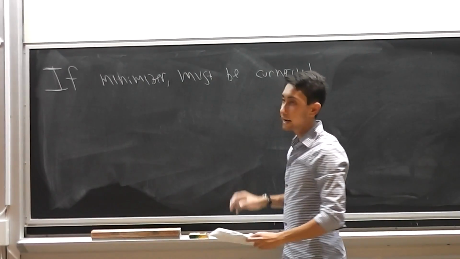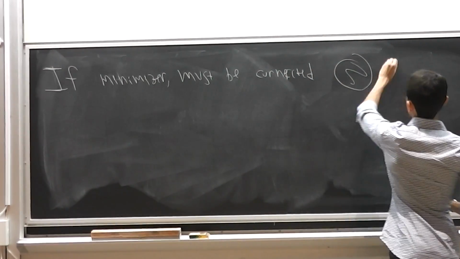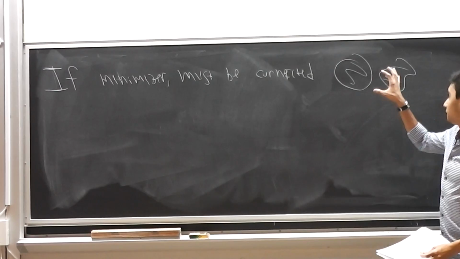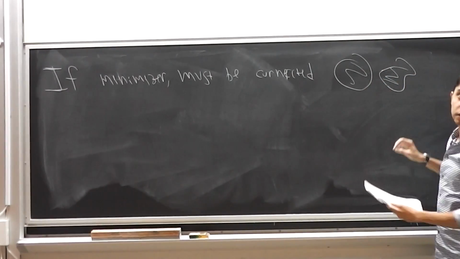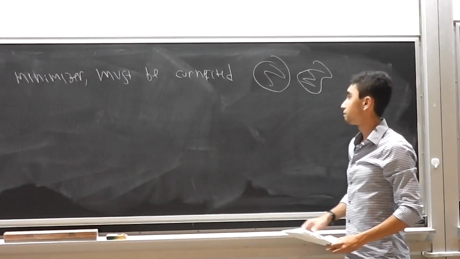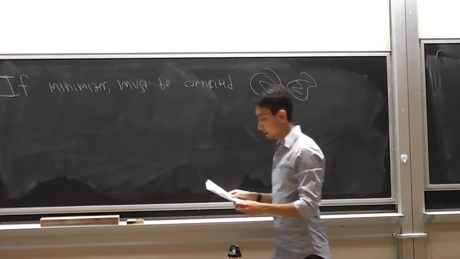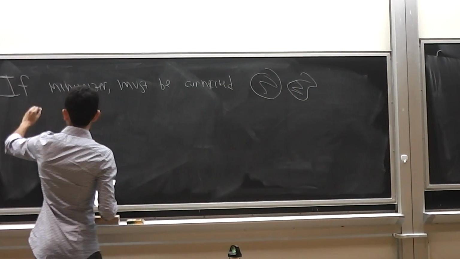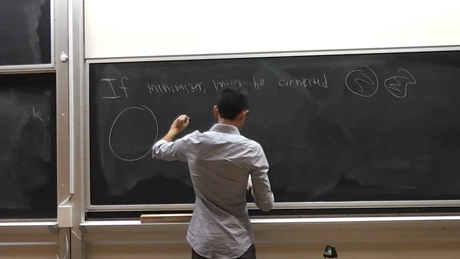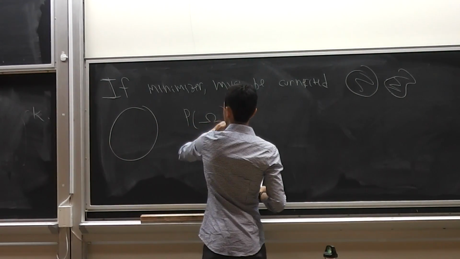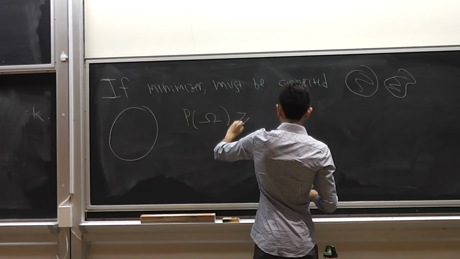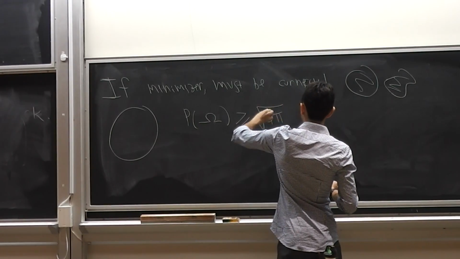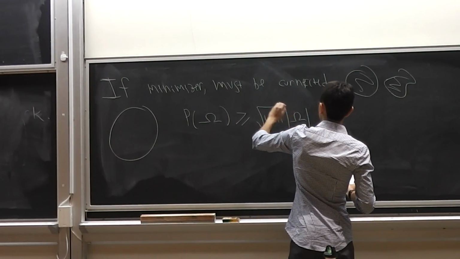Does anyone see why you can't possibly have something that's in pieces as a minimizer to the energy? Yeah, just pull it farther apart. So if this is the minimum energy, if you just pull it apart, you decrease the V. So if you do have a minimizer, it has to be connected. So for a connected set, we have this inequality: the perimeter is greater than or equal to the square root of 4 pi times the area.